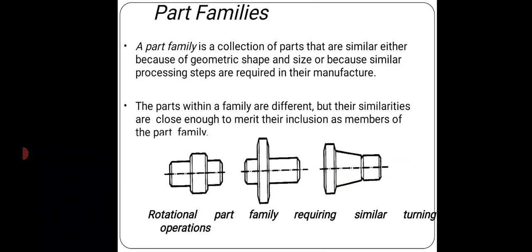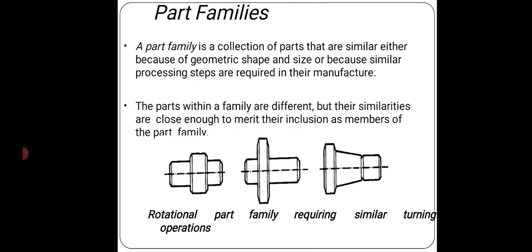You can see this diagram, three diagrams. The three diagrams also have different shapes, but the operations are similar because the rotational parts family requires similar turning operations. All three shapes of the object have similar turning operations.